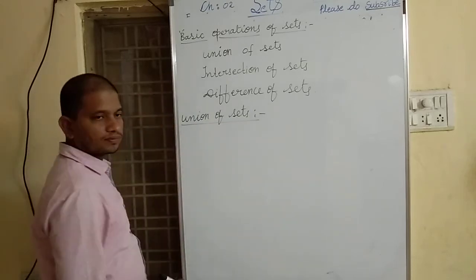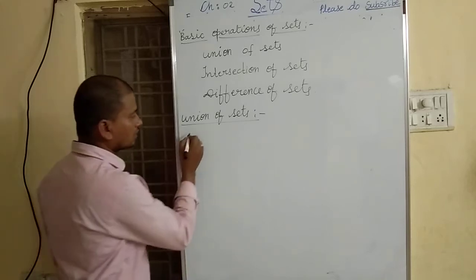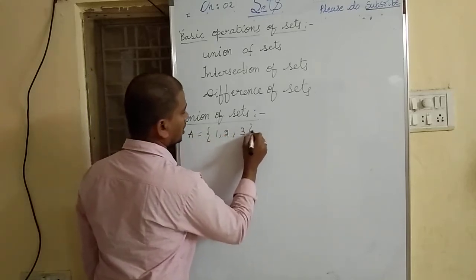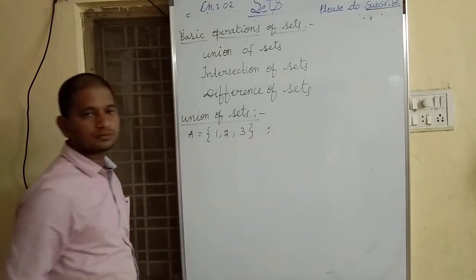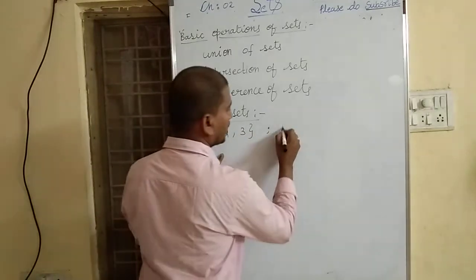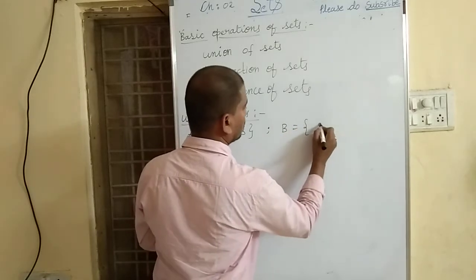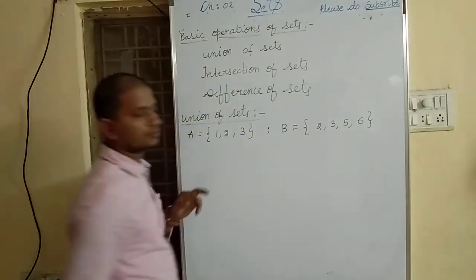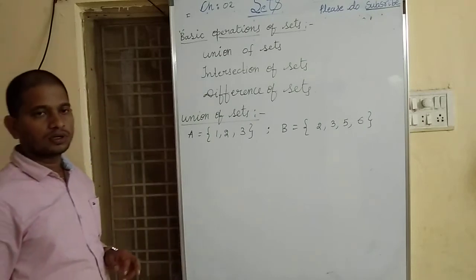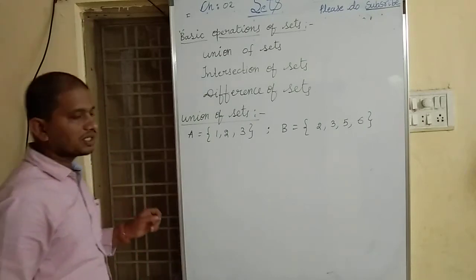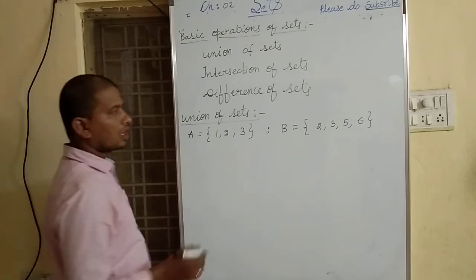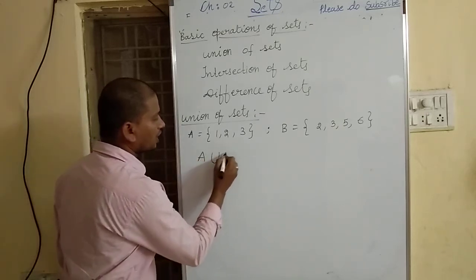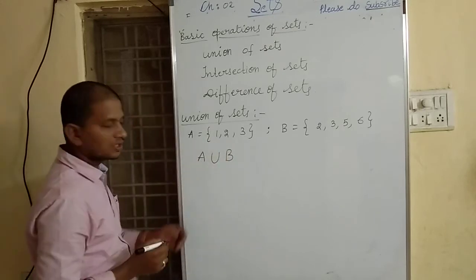Okay, so first one is union of sets. Suppose set A equal to 1, 2, 3 and set B equal to 2, 3, 5, 6. Then how to represent the set A union B?